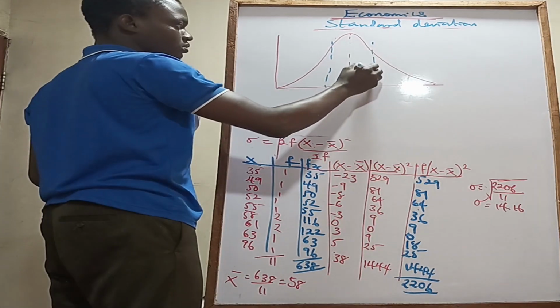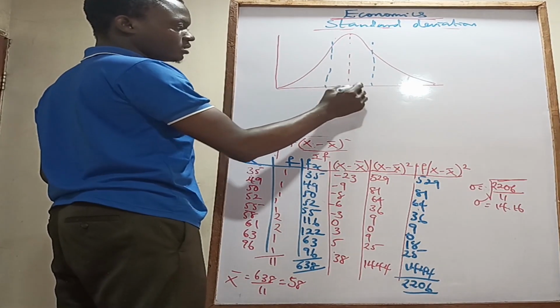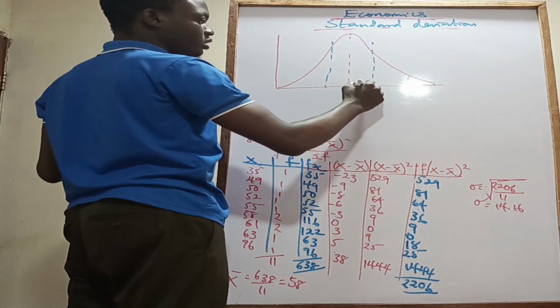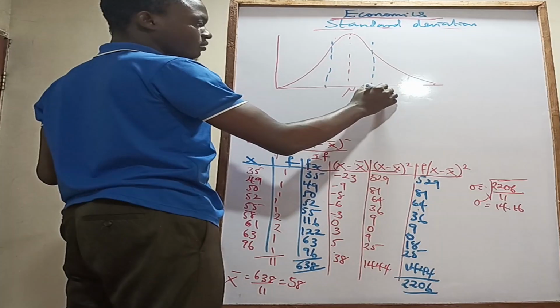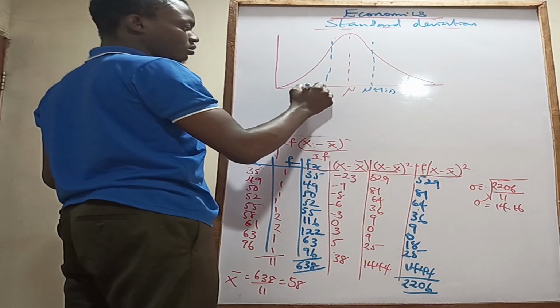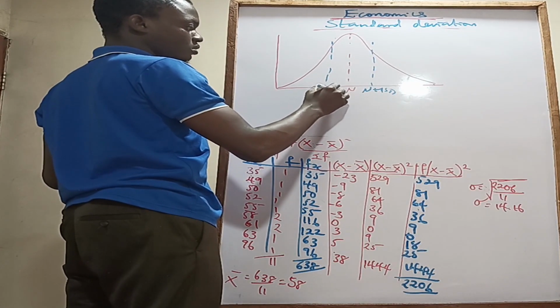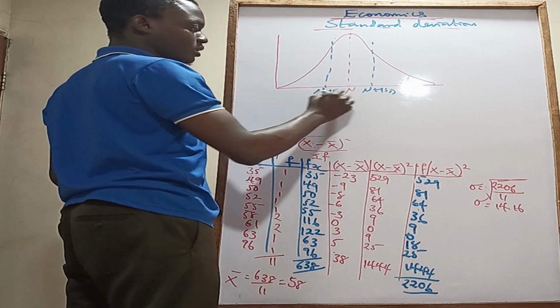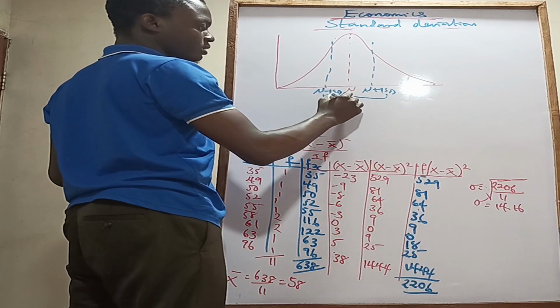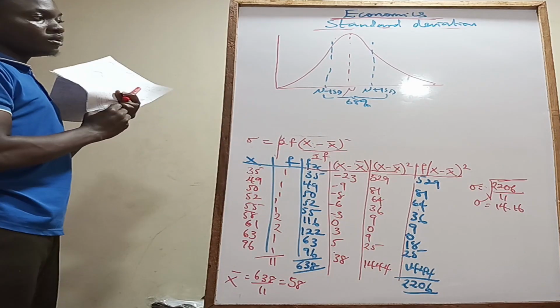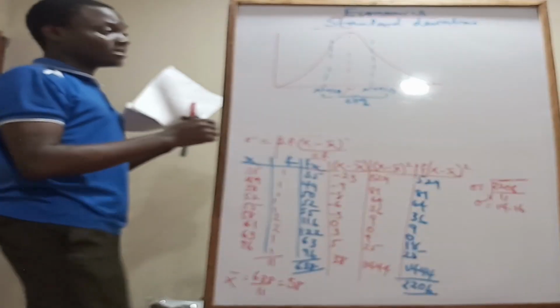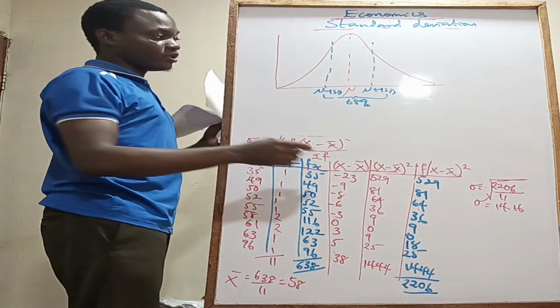Coming to this side is positive. So this is going to be u plus 1 standard deviation, and this is going to be u minus 1 standard deviation. So what we are saying is that 68% of the entire data set of observations is going to fall within one standard deviation of the mean. That is, just add one standard deviation.